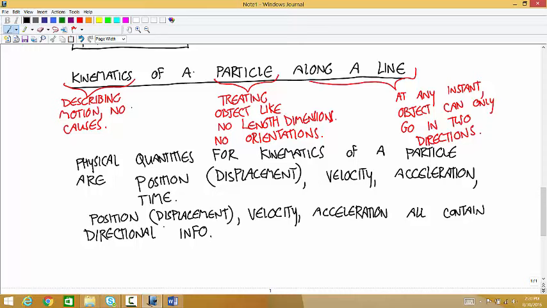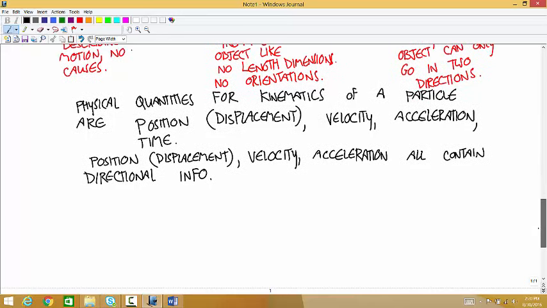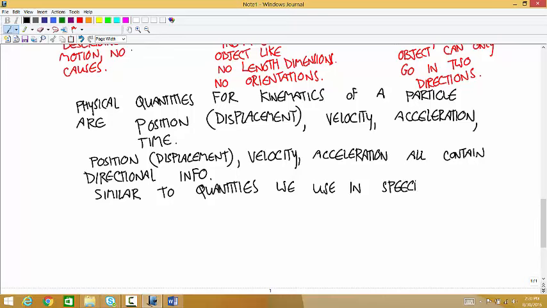And so I want to make a comparison between these quantities that we're going to use in physics that have directional information and the quantities that we're more used to talking about that don't. So these quantities are similar to quantities we use in speech that don't contain directional information.